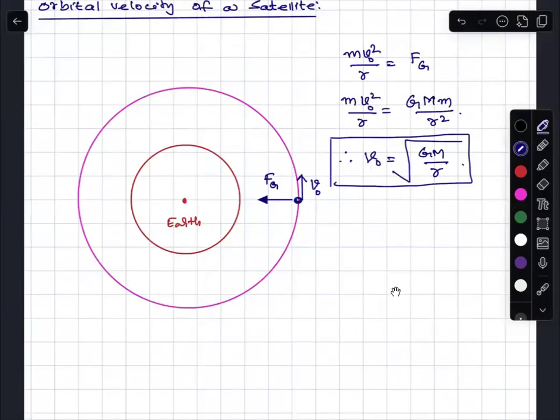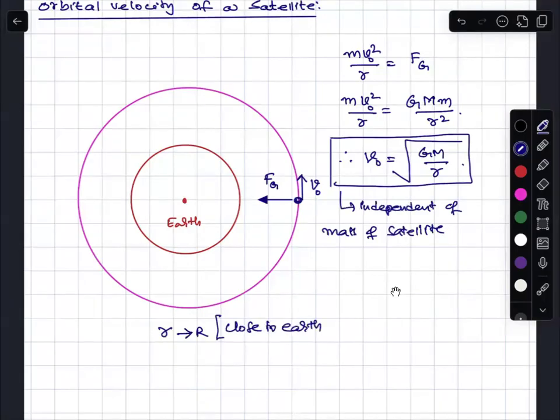Remember, this is independent of the mass of the satellite, mass, size, shape, all factors. Suppose r is tending to capital R, this is called a close to Earth satellite.